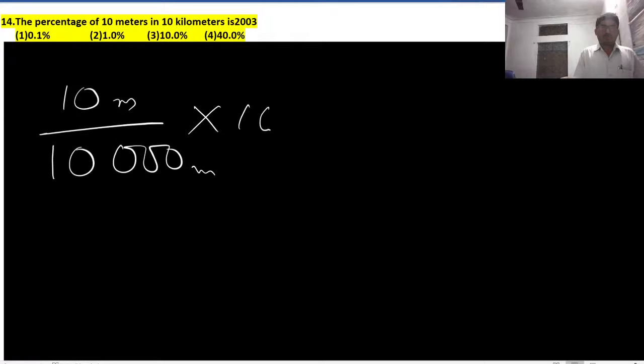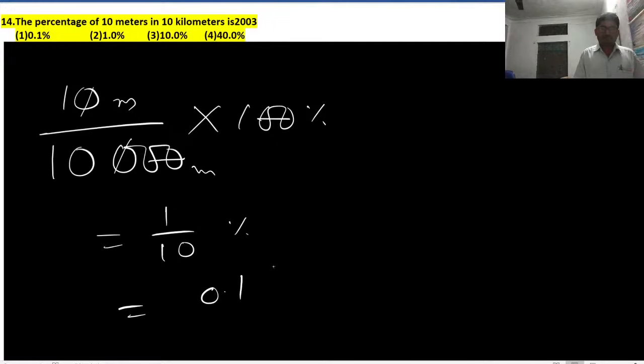We have to convert this into percentage. 2 zeros, 2 zeros, 1 0, 1 0. So 1 by 10. 1 by 10% means 0.1 percentage. 0.1%, option 1.